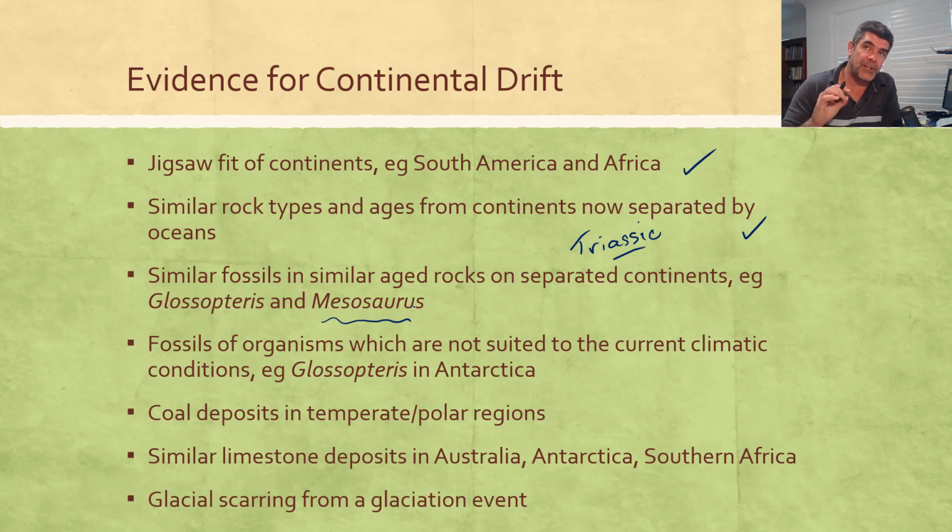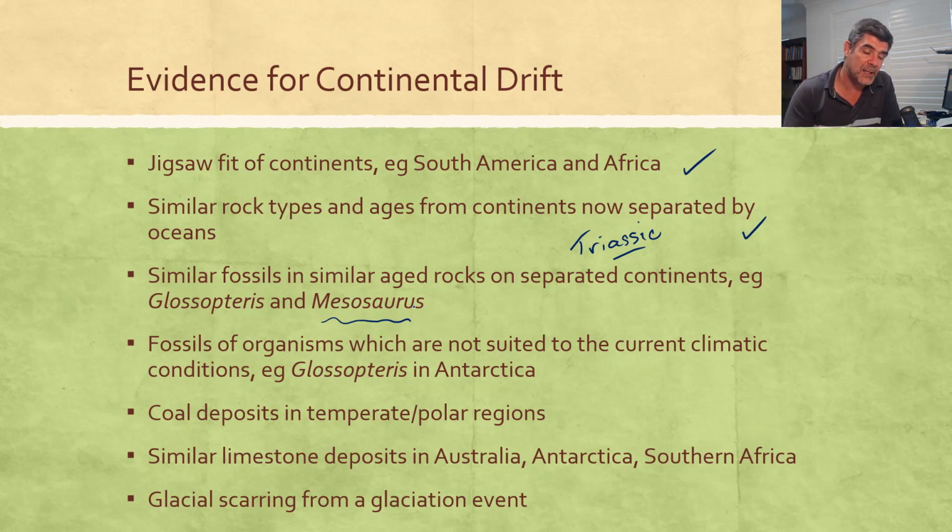The other thing with the distributions, as we saw with Antarctica, is Antarctica currently has a climate that's very unsuited to tropical or temperate plants or animals, and certainly we find some of those in the rocks in Antarctica. We've also seen some coal deposits, which again tend to correspond to tropical environments, and we find them in temperate or polar regions.